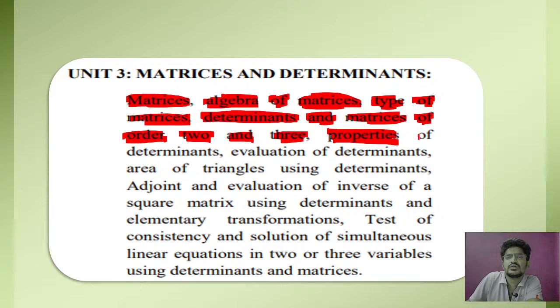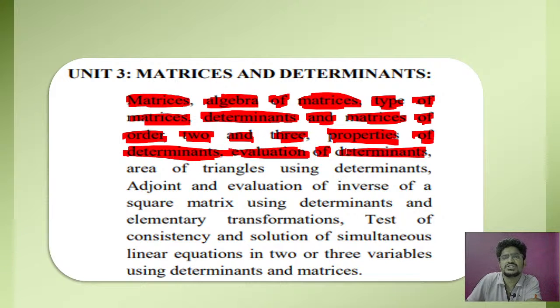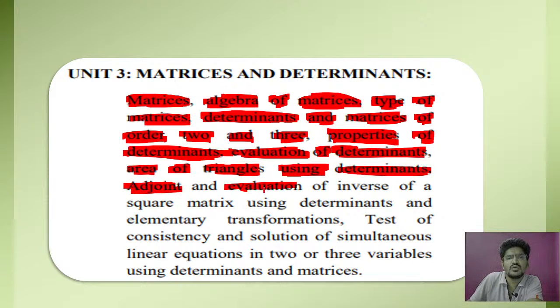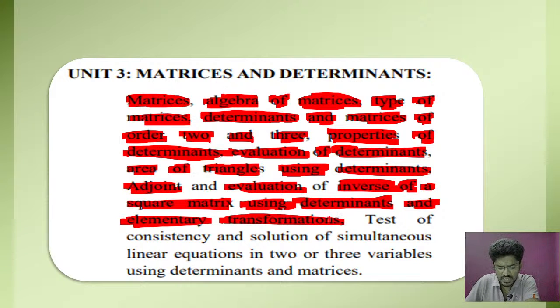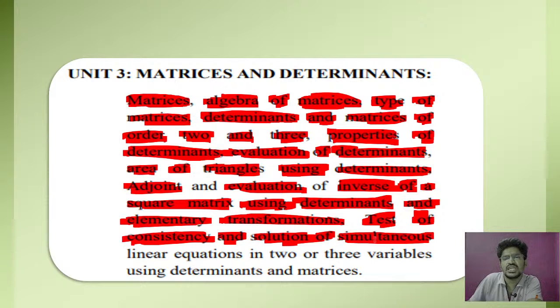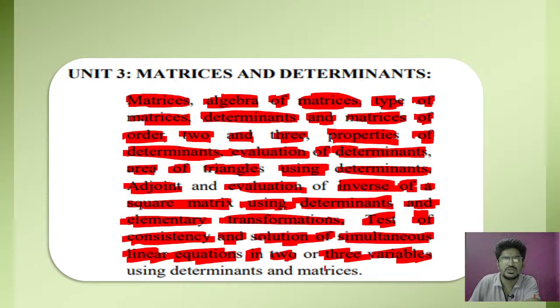Next, properties of determinants, evaluation of determinants, area of triangles using determinants, adjoint and evaluation of inverse of a square matrix using determinants, and elementary transformations, test of consistency and solution of simultaneous equations, and the solution of simultaneous linear equations in 2 or 3 variables, using determinants and matrices.